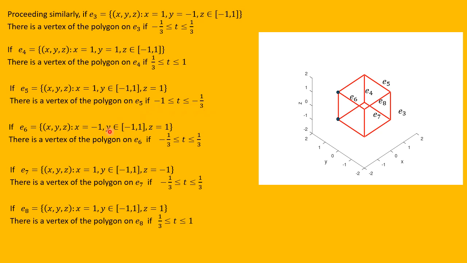On E sub 6, if t is between minus 1/3 and 1/3. E sub 7 if t is between minus 1/3 and 1/3, on E sub 8 if t is between 1/3 and 1. We also have to find out what happens on E sub 9, 10, 11, and 12, and we'll do that momentarily.